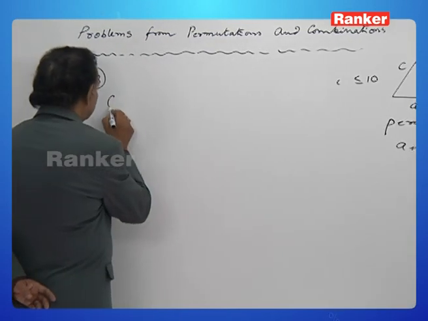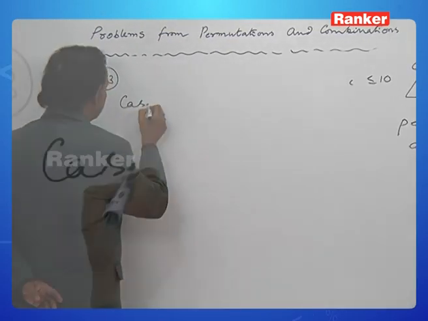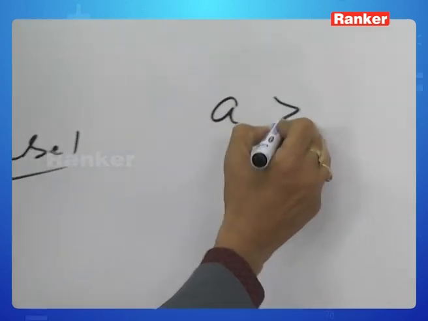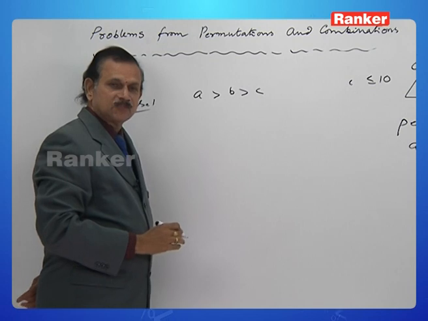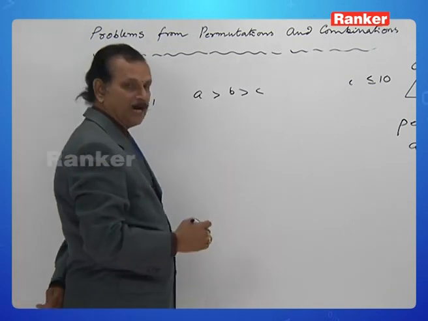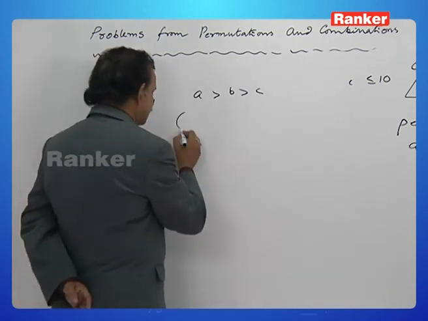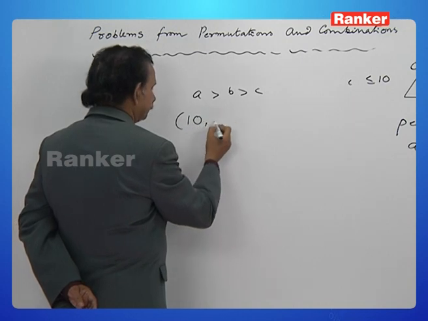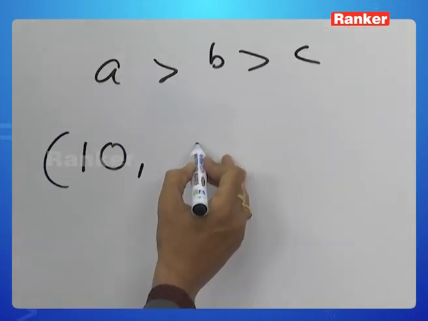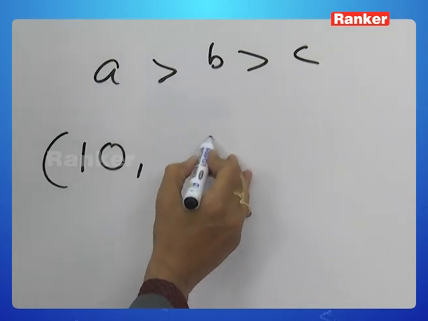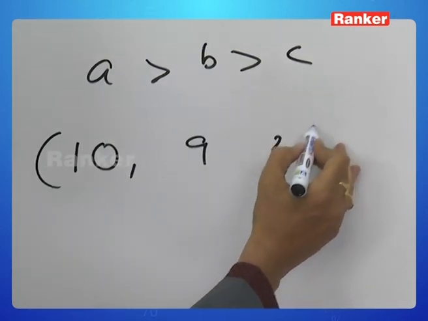Case 1. A greater than B greater than C. In this case, how many triplets are possible? 10, 9, 2.